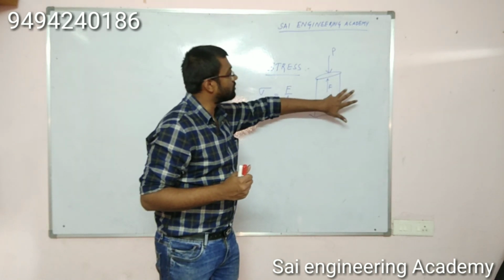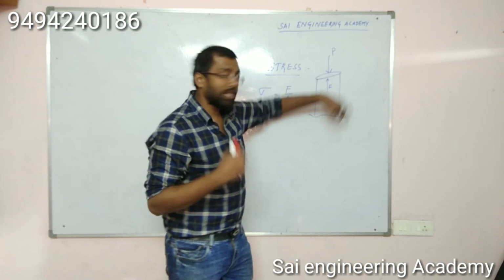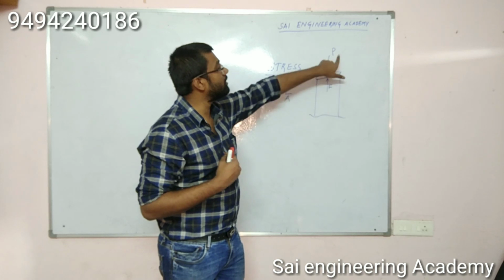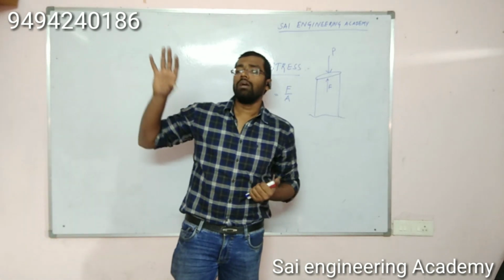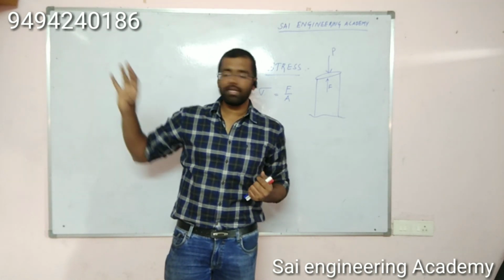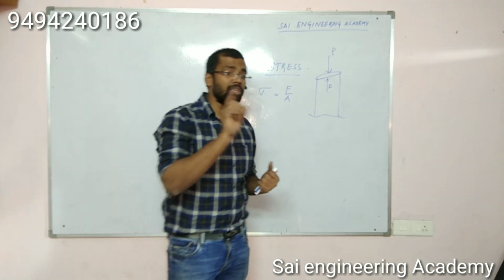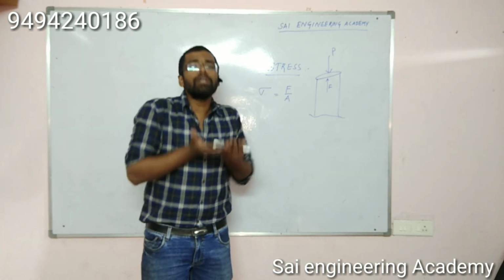Where P and F are shown, one is for the external load and the other is for the internal resistive force. My resistance will depend on P. Suppose I can resist a 100 kilonewton load, but the load applied is 20 kilonewton. Obviously I am going to apply only 20 kilonewton resistance.